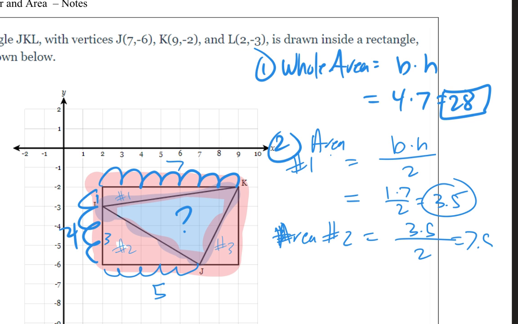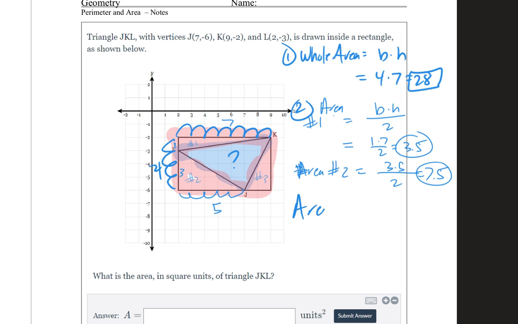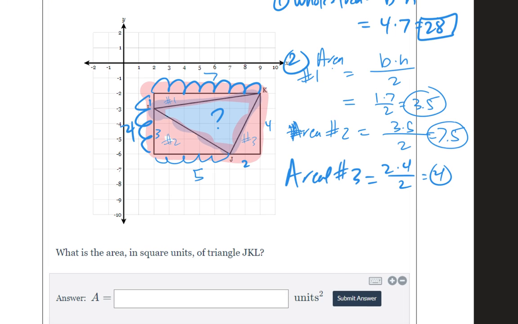If we put that in our calculator, it'll give us 7.5. All right, so then we'll find the area of the third one. Area of the third one is equal to the base times the height, right? So that's 2, and this is 4. So we're going to say 2 times 4 divided by 2. So that equals 4.